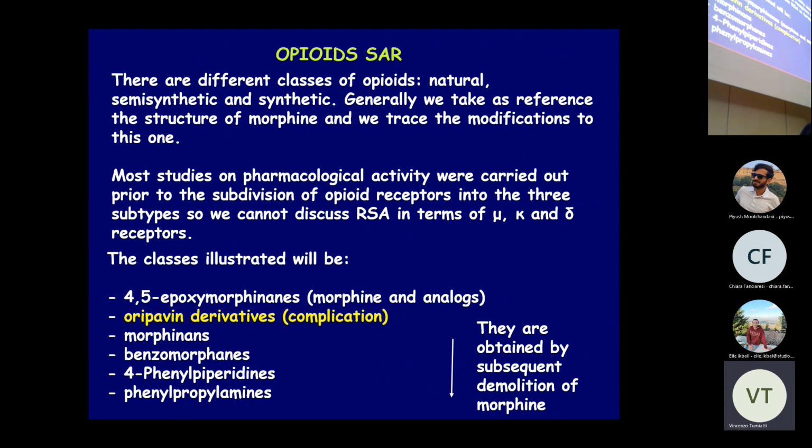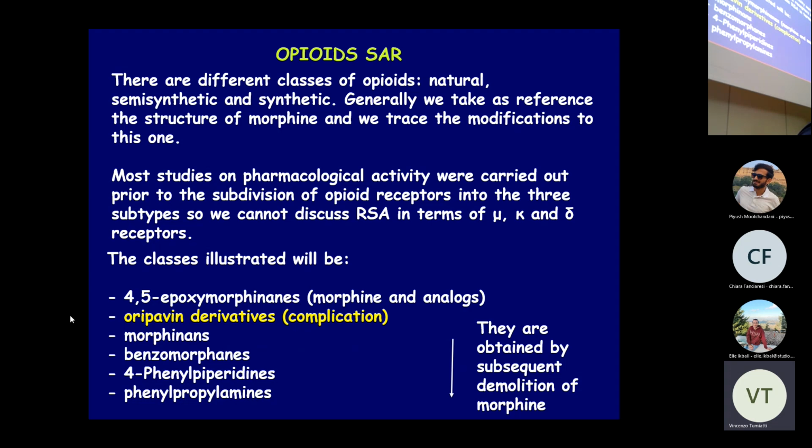But in the past, during the 50s, two scientists tried to improve the potency of morphine by chemical complication of its structure.